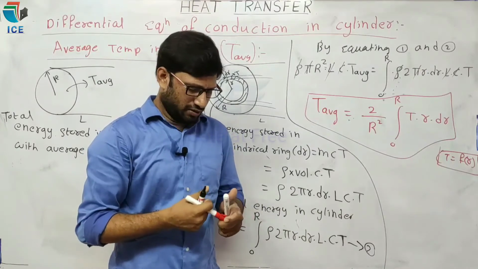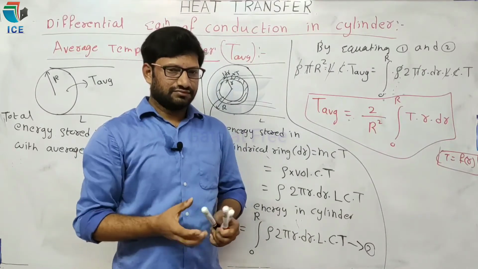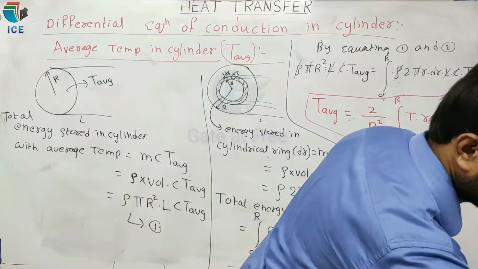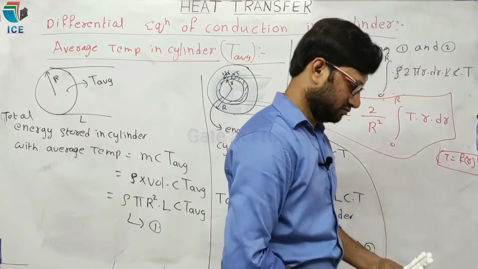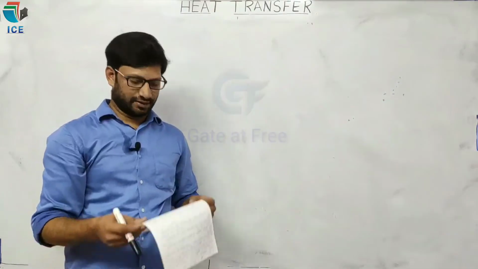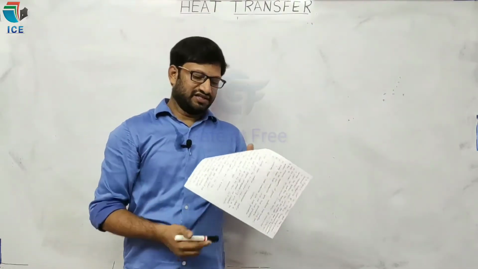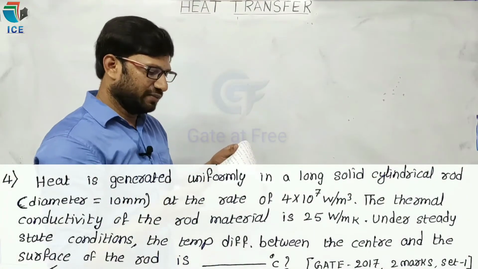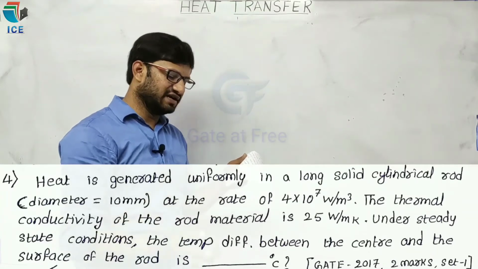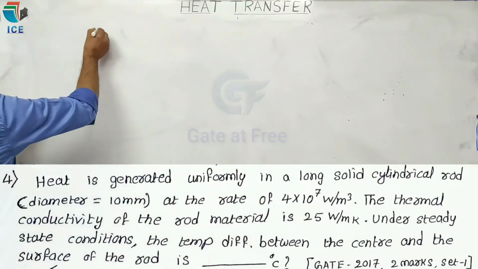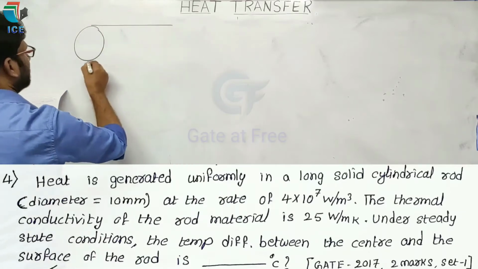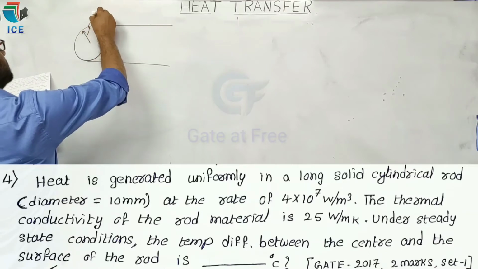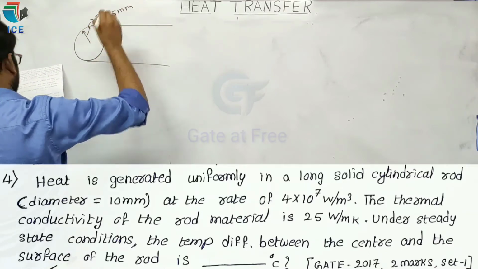Now let's solve one problem. See the fourth question on screen. Heat is generated uniformly in a long solid cylindrical rod. Let us say this is the cylindrical rod. Diameter is given as 10 mm, so the radius is 5 mm.